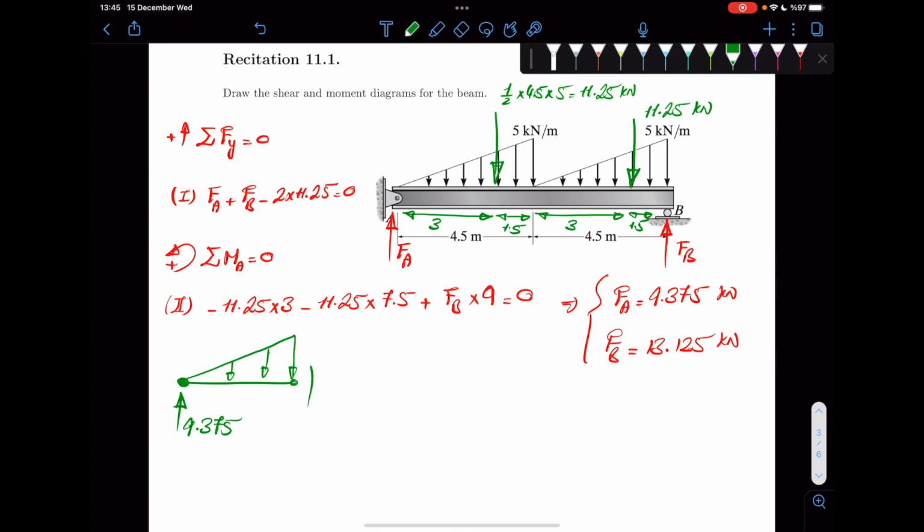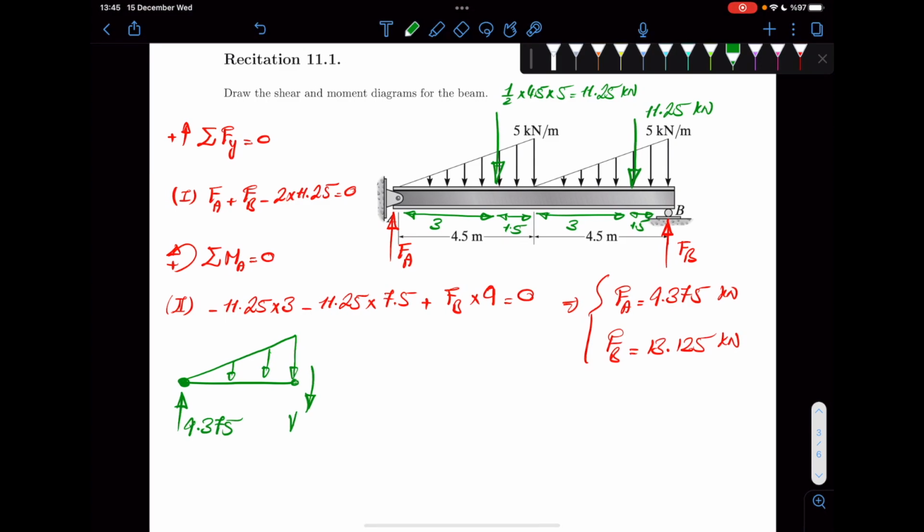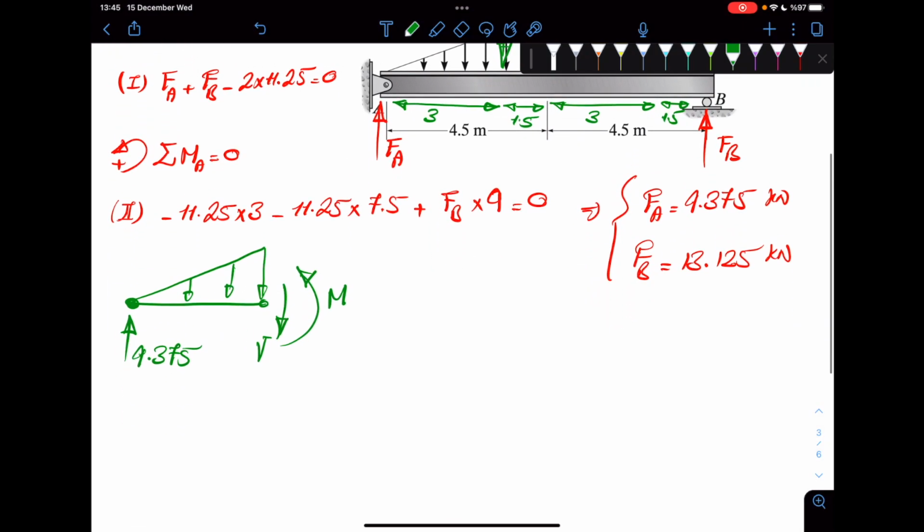And here, again, there would be an internal force or shear. There would be an internal moment M. And now basically we need to repeat the same procedure for this, assuming that this is our free body diagram, okay? So this is our free body diagram for the first part.